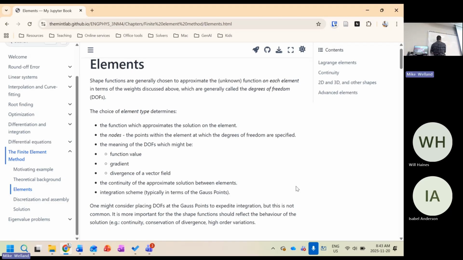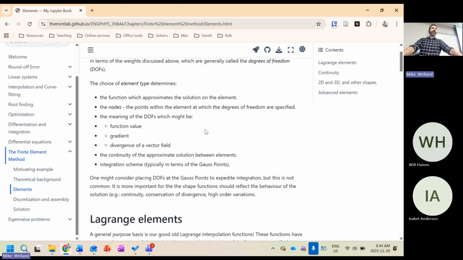So for example, if your element was a line because you're in 1D, you could have a point that's flat across, you could have some kind of quadratic. You could define these things in different ways, and we're going to talk about different ways to do that. All of them are going to be parameterized by these W coefficients. Those are called your degrees of freedom because they're literally how much you can move this thing around.